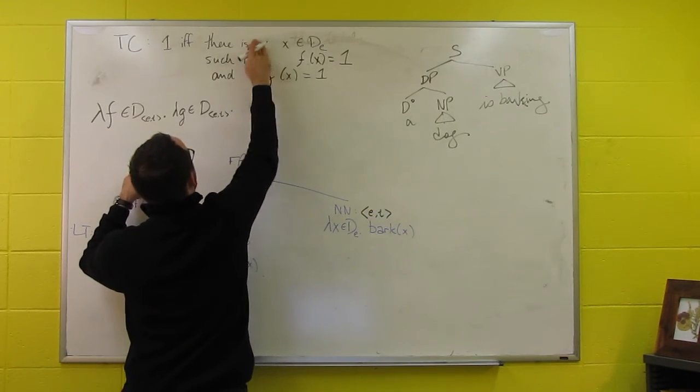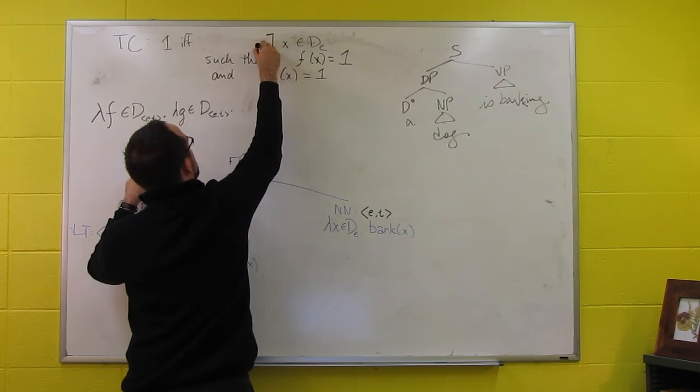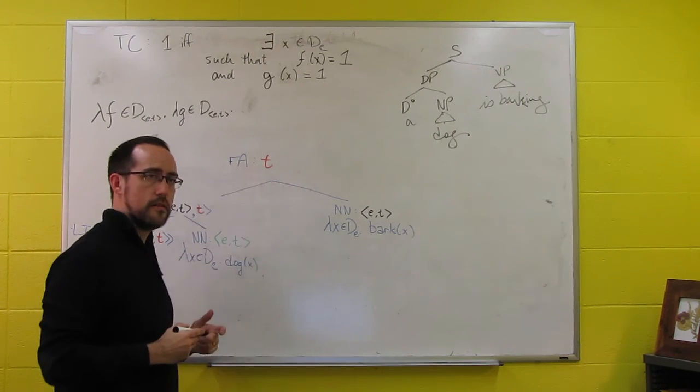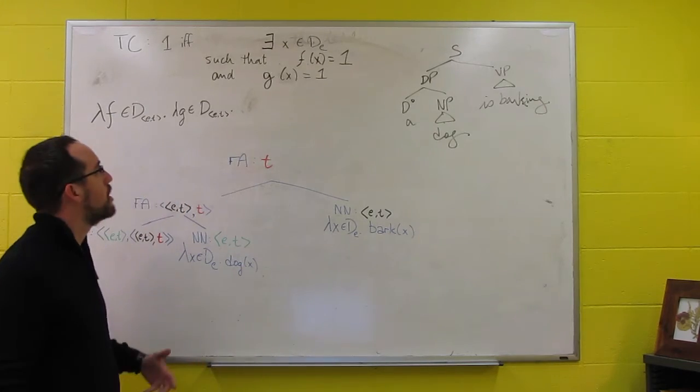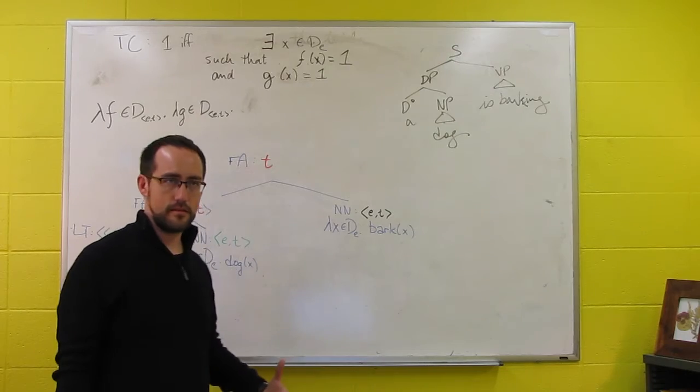So we replace "there is an" with a symbol that's called the existential operator. And it looks like a backwards E. And that stands for "there is a" or "there is an."